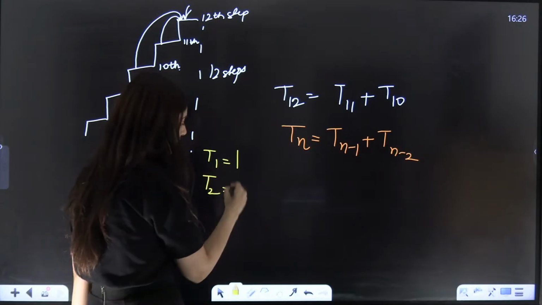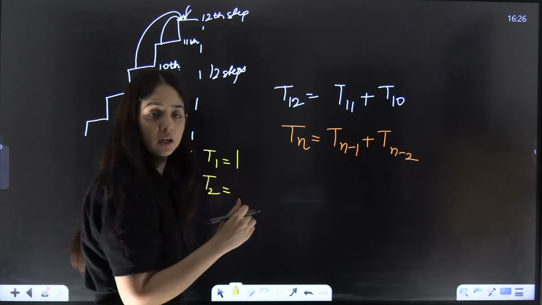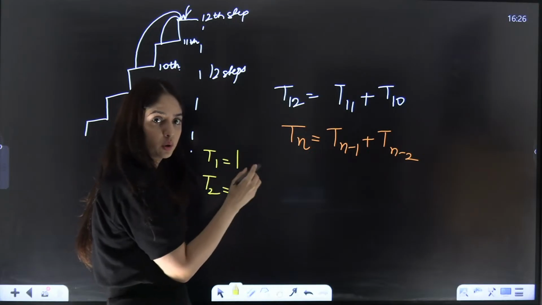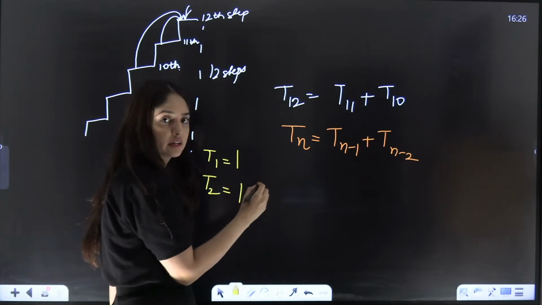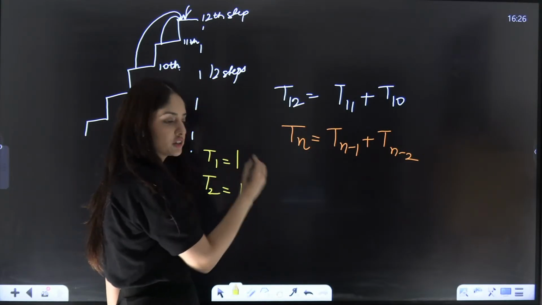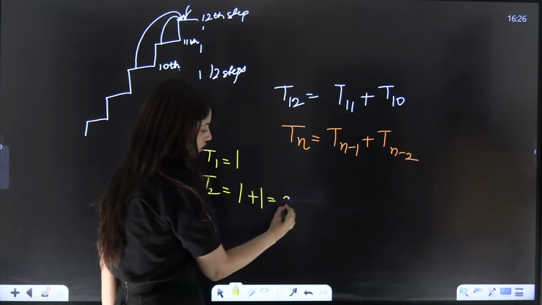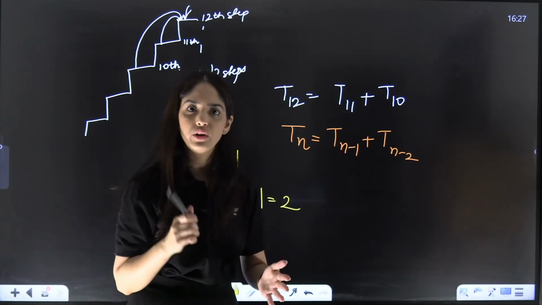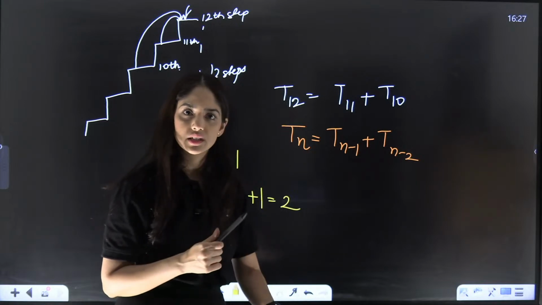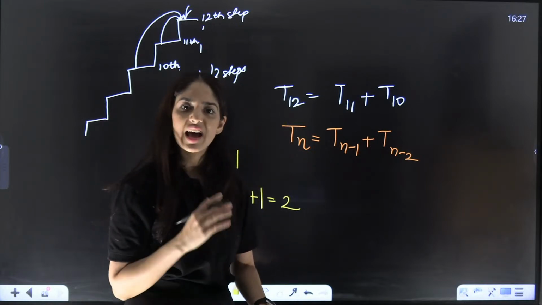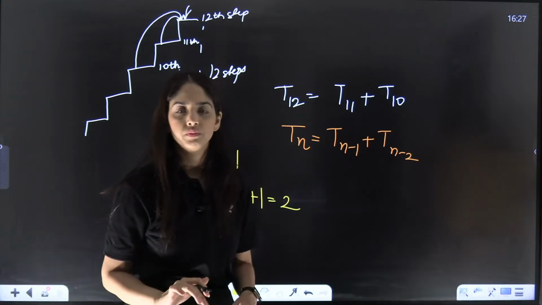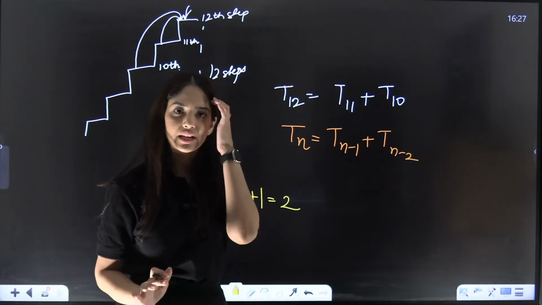We can either jump from 0th to second, or we can go from 0th to first, then first to second. So there are two ways of reaching the second step, right? Either we jump directly to second or we take it one step at a time. Exactly two ways of reaching second step.